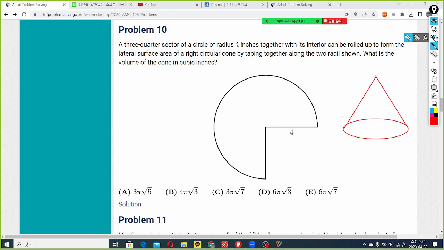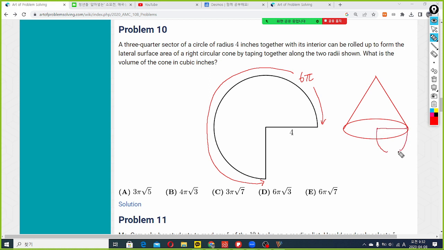The arc length of this three-quarters of a circle is 6 pi, because the circumference is 8 pi. So the bottom circle's circumference is 6 pi.